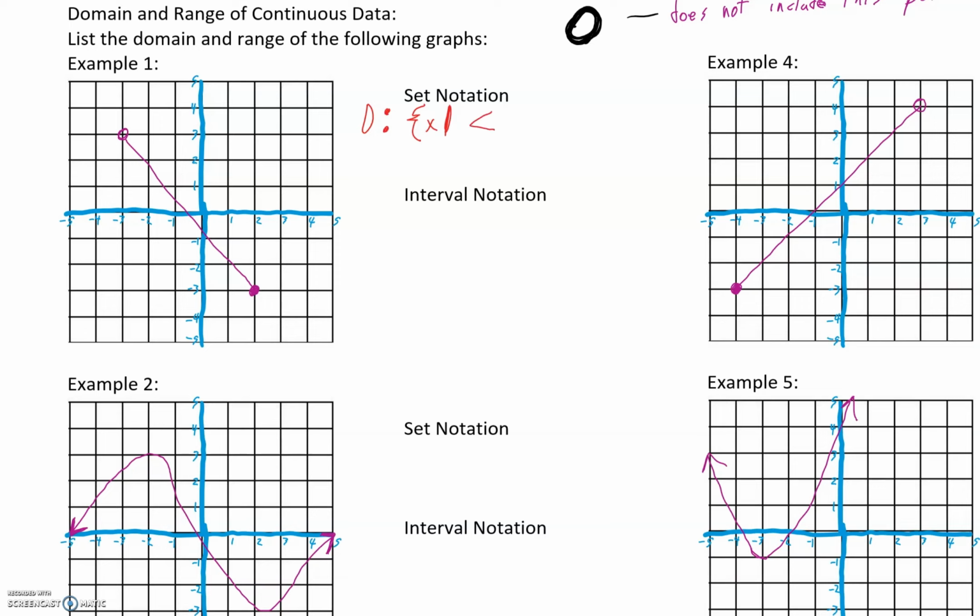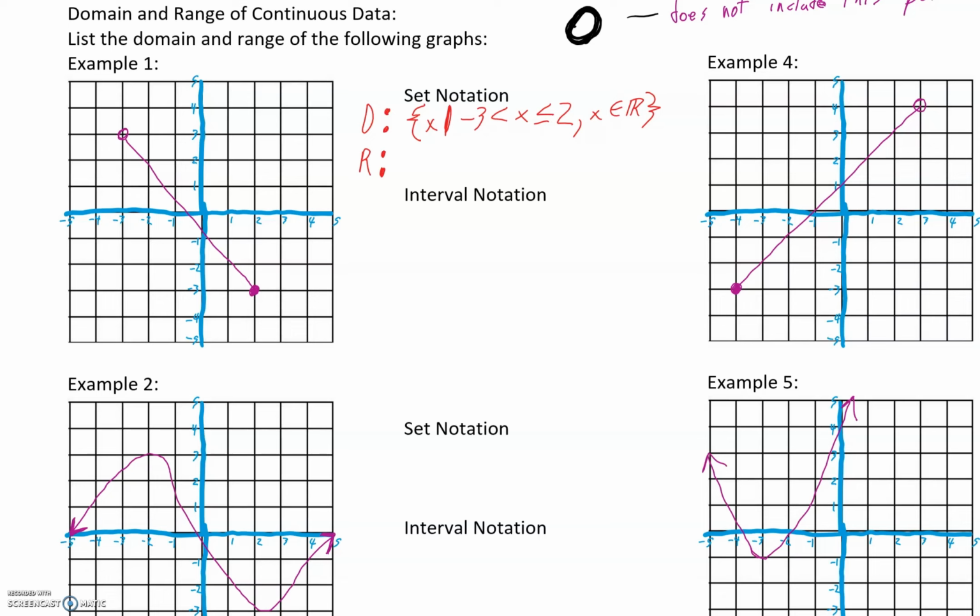So it's x's smallest value is -3, and then that's less than x, which is less than or equal to 2, with x being a subset of the real numbers. Okay, so that is set notation. You have to write it all very much like that.